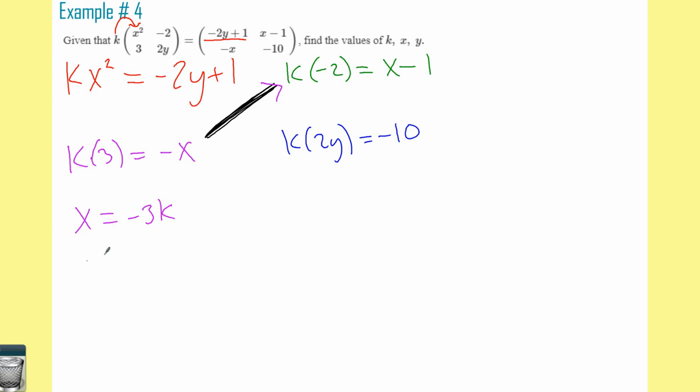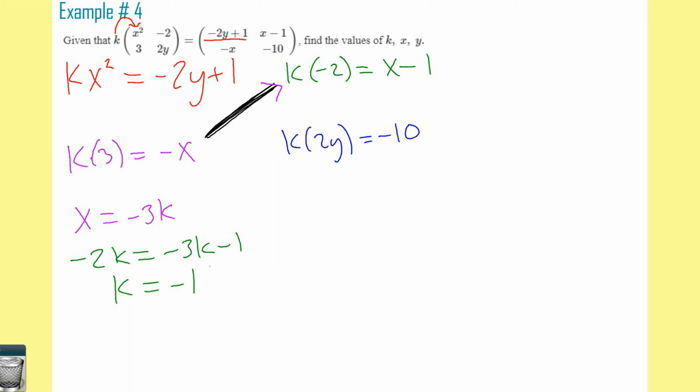So replacing x, now we get negative 2k equals our x, which is now negative 3k, minus 1. So here we get k equals negative 1.